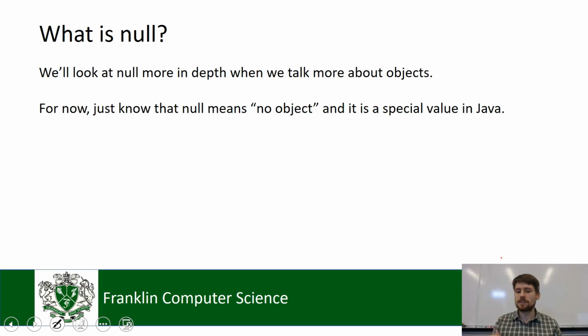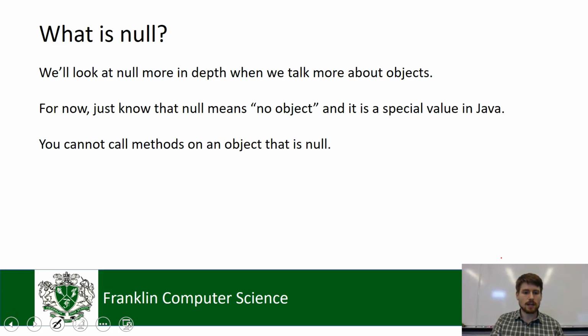It means that there's nothing there. And it's a special value in Java. You can always create an object or create a string and set it equal to null. And that's basically saying that there's nothing there. It's not an empty string, because with an empty string there's actually something there. Null means that there's no object there.